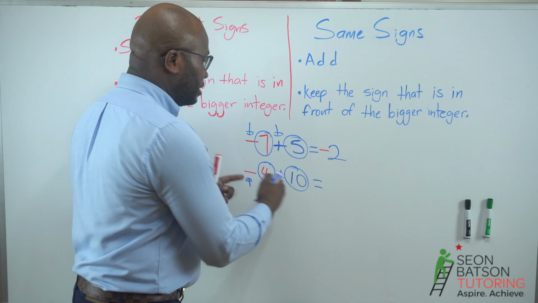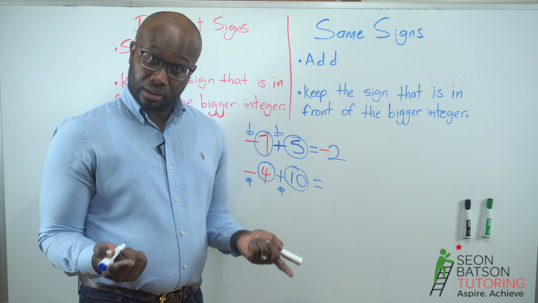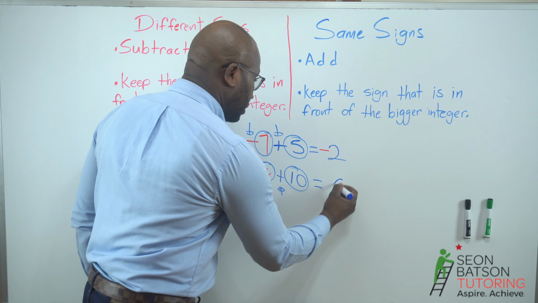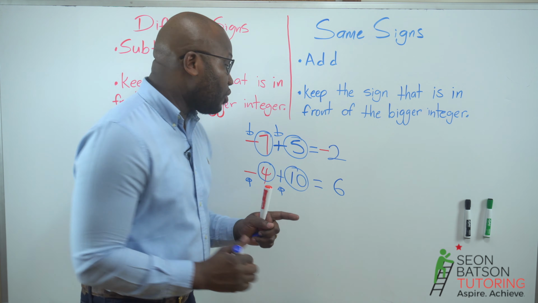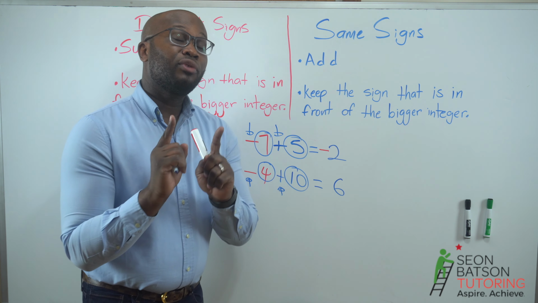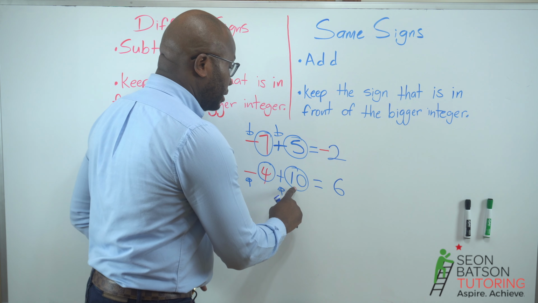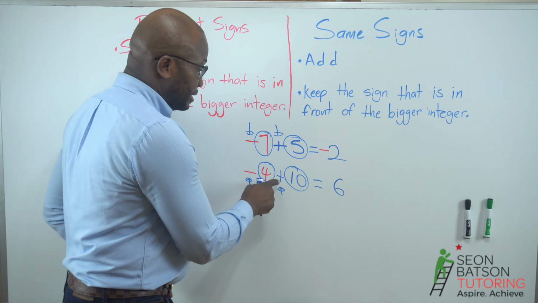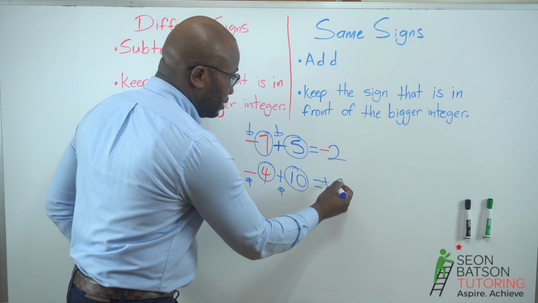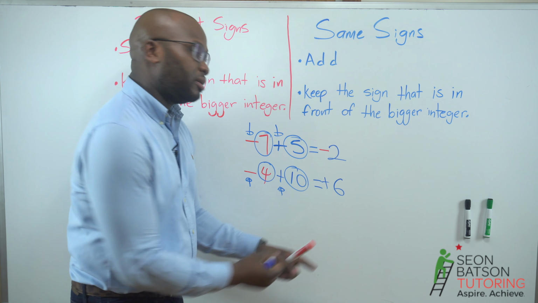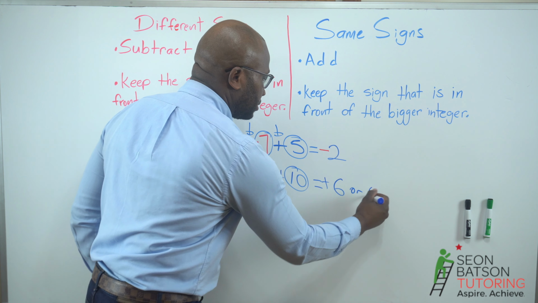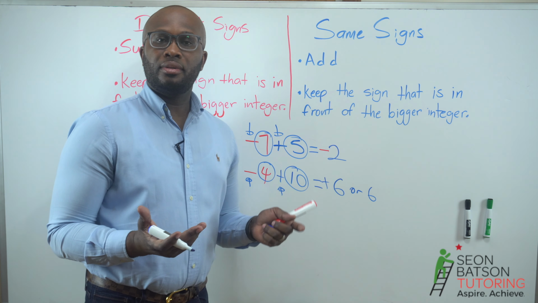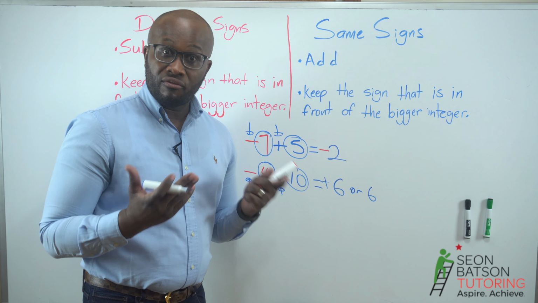If we subtract 10 and 4, we would get 6. And don't forget, we always have to keep the sign that's in front of the bigger integer. The bigger integer here is 10. And the sign in front of the 10 is positive. So our answer is +6. Or you can just put 6. +6 or 6, same thing. Yeah? Very simple, right?